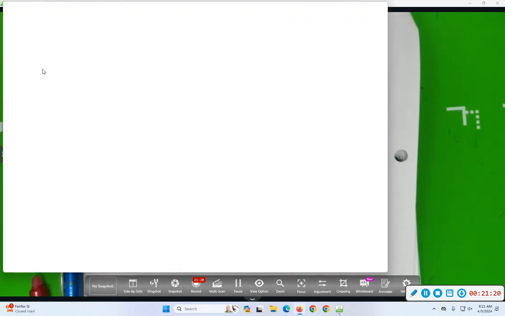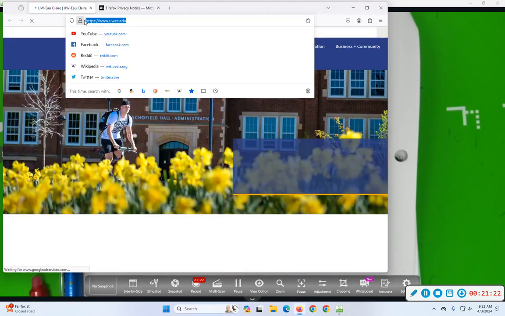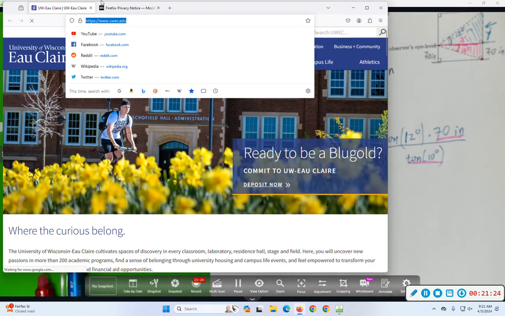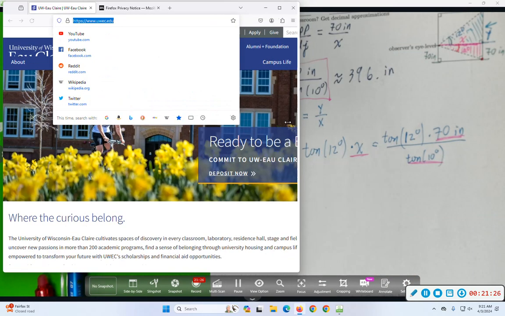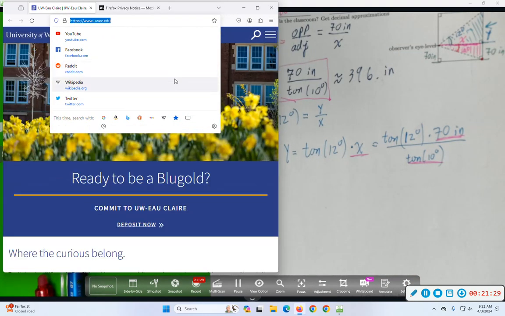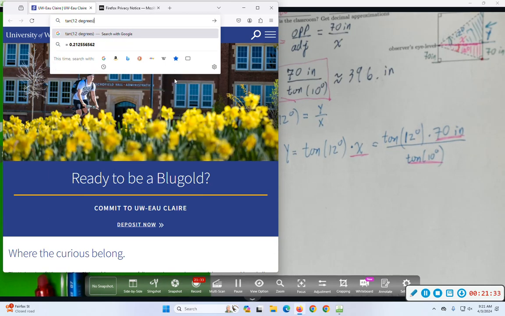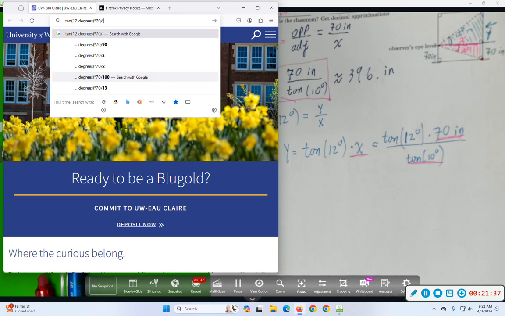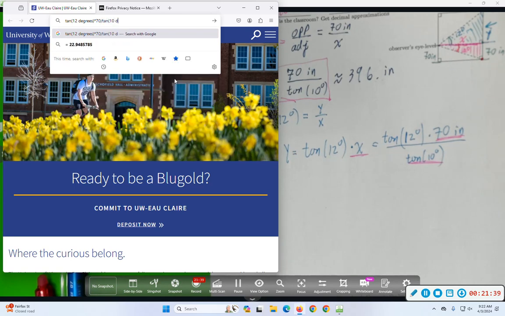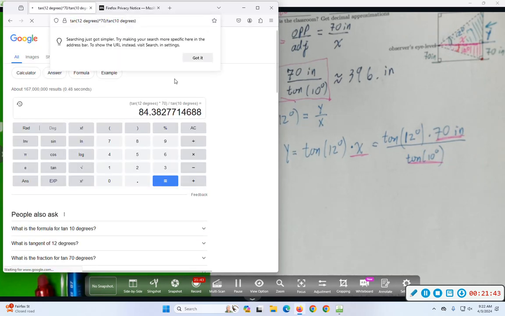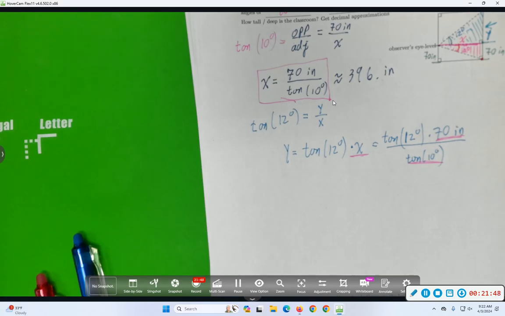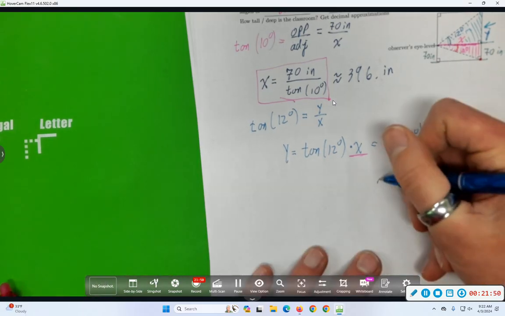All right, so let's see what I had. Tangent of 12 degrees times 70, I'll just remember that it's in inches, divided by tangent of 10 degrees. I'm getting that to be about 84 inches.